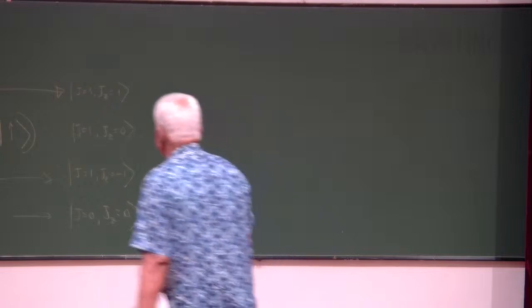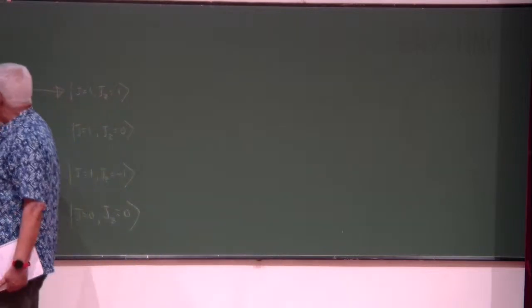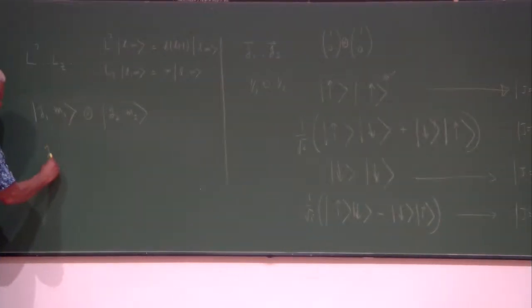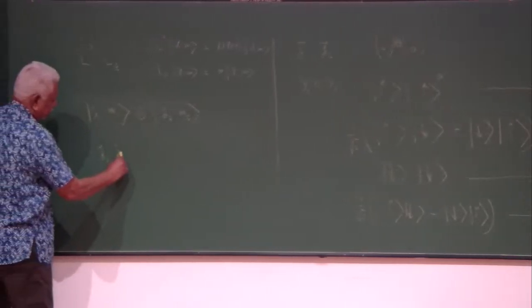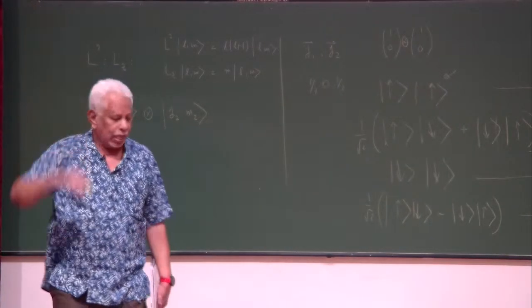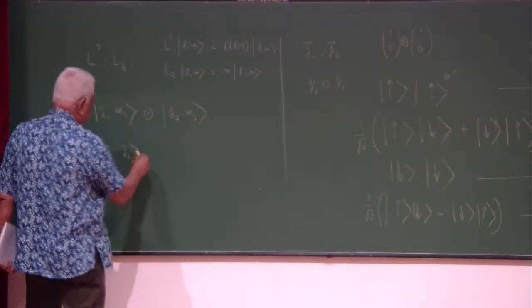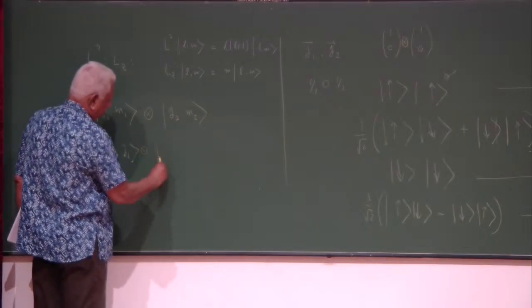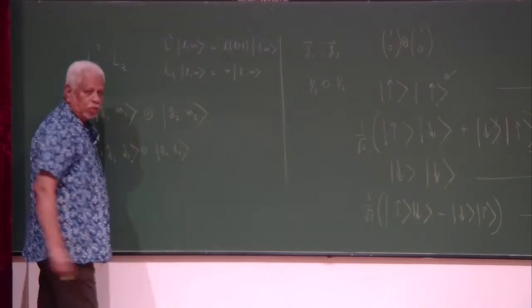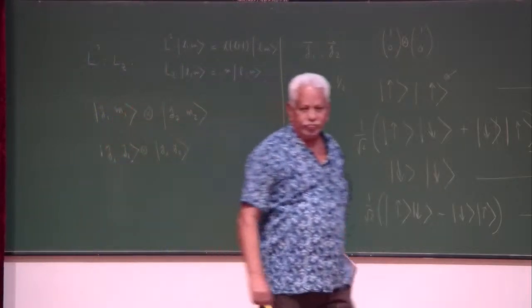We started with this particular thing, which is a unique state. There is only one state. Like that, I can start with J1, which means plus J1, and then another one with J2 and J2. Both are maximum.